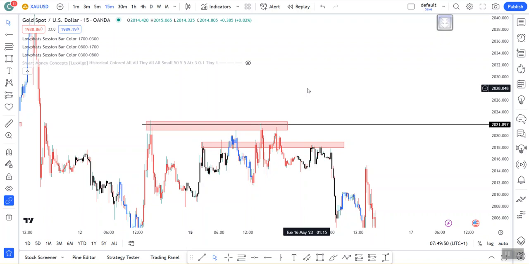But in most cases, London and Asia seem to correlate most times. But since the instrument we have a special focus on is gold, and gold has its best movement in US session, we are especially going to be focusing on US session.